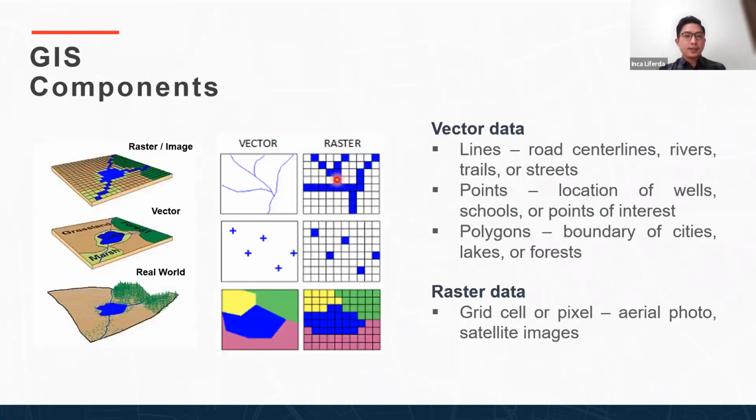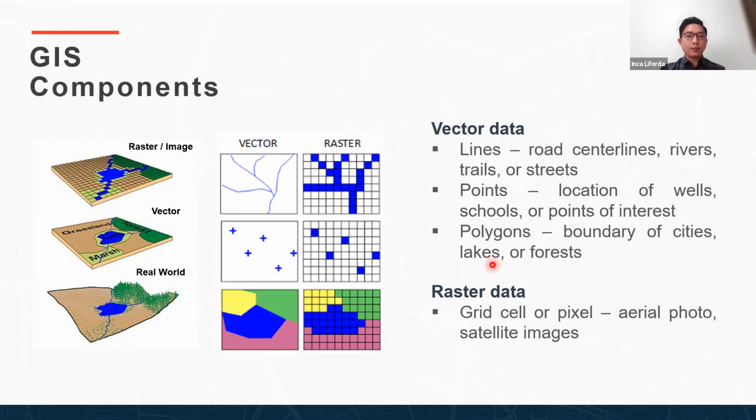So here, these are the data. When we want to use the GIS, particularly for solving routing problems, for sure we're going to need the data: vector data and then raster data.